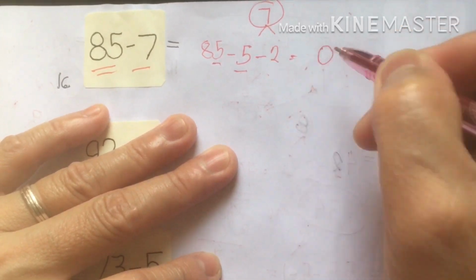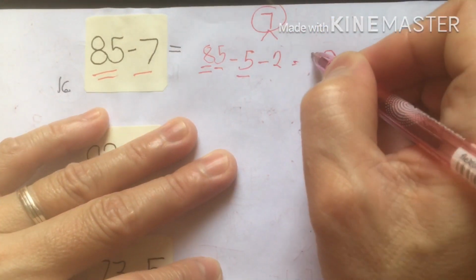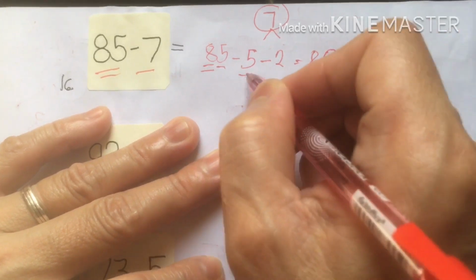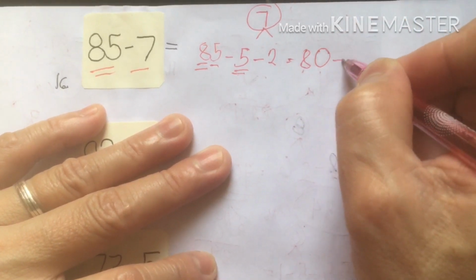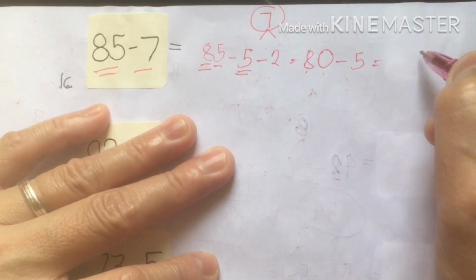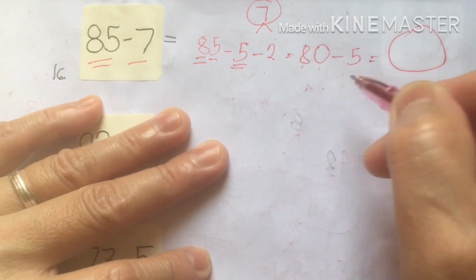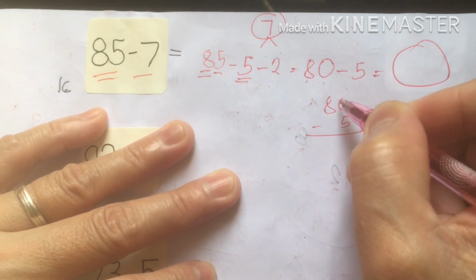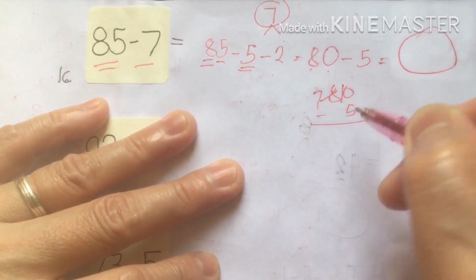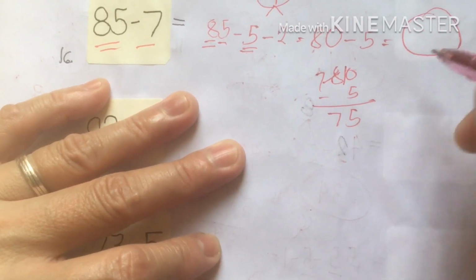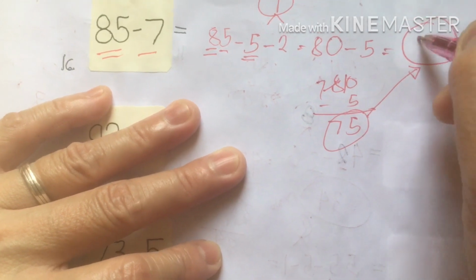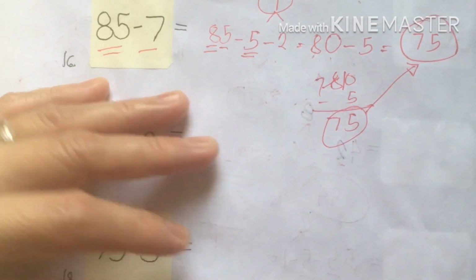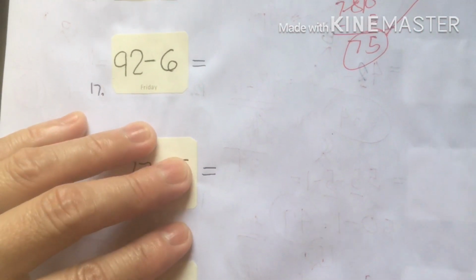I'm going to write here 0. Then I rewrite here 8. 80 minus 5. Okay, the result is, I'm going to show you. 80 minus 5. 0 becomes 10, 8 becomes 7. So actually it is 75. That's the answer for number 16.